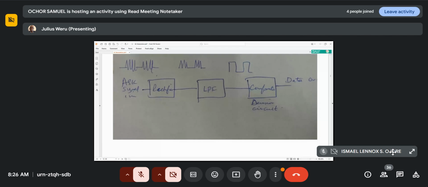And then of course you go to the comparator. The comparator is the decision circuit. It works on a certain threshold. If the amplitude, or rather the energy, is at a certain level, that's a zero. If it's at a certain level, it's a one.